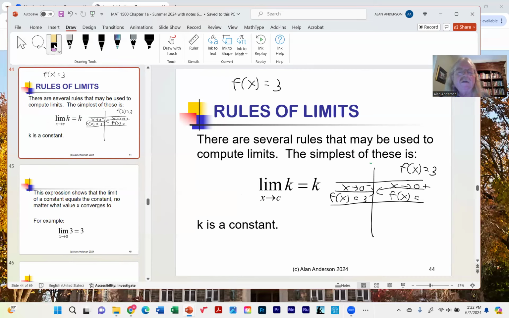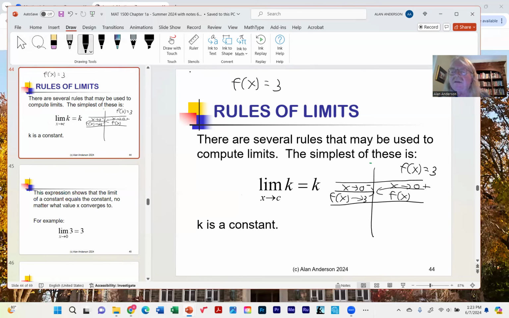Oops, I should have put the arrow instead of equals. The arrow means it approaches or converges to. I think I forgot to specify that earlier. The arrow means we're moving towards that point. We're not actually at that point.